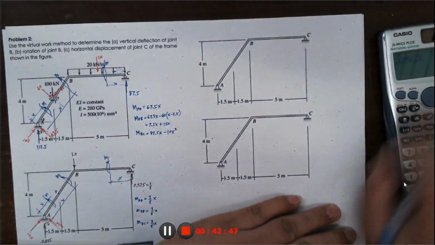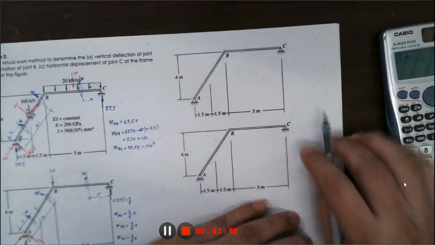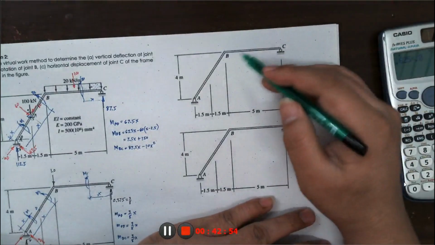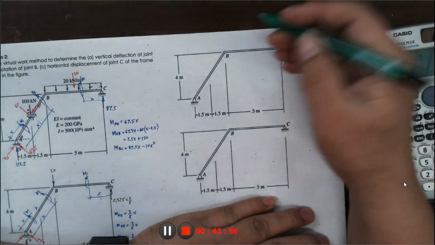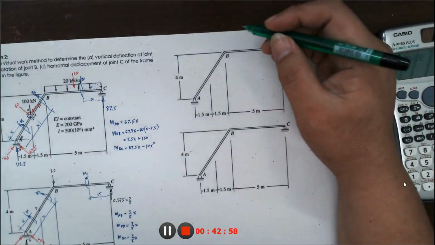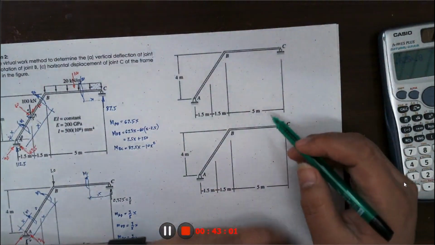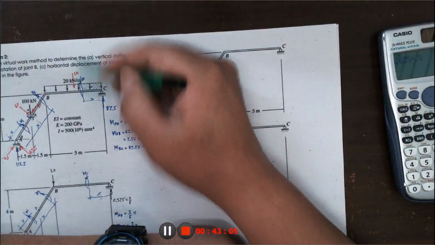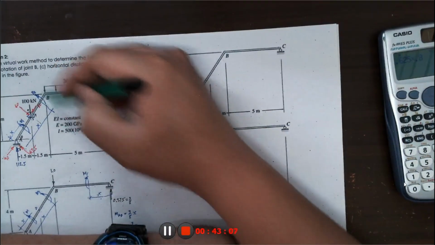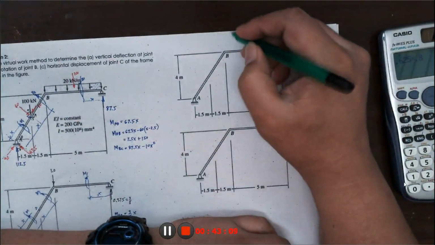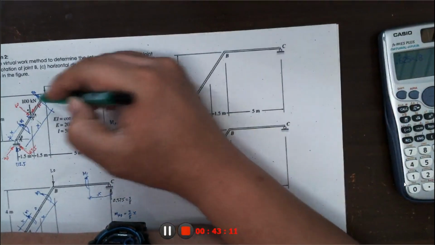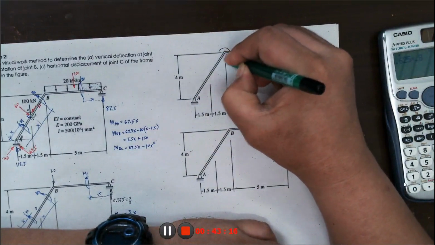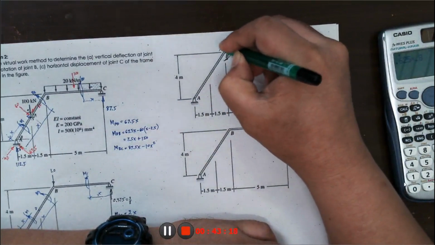Second condition, rotation at B. So rotation at B, let's assume counterclockwise, positive. Let's assume, but based on this it is down, so possibly let's assume clockwise instead. Anyway, it's an assumption, 1.0.